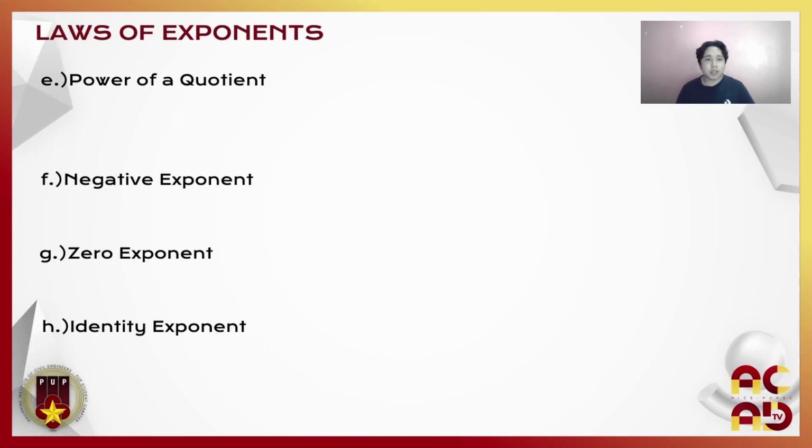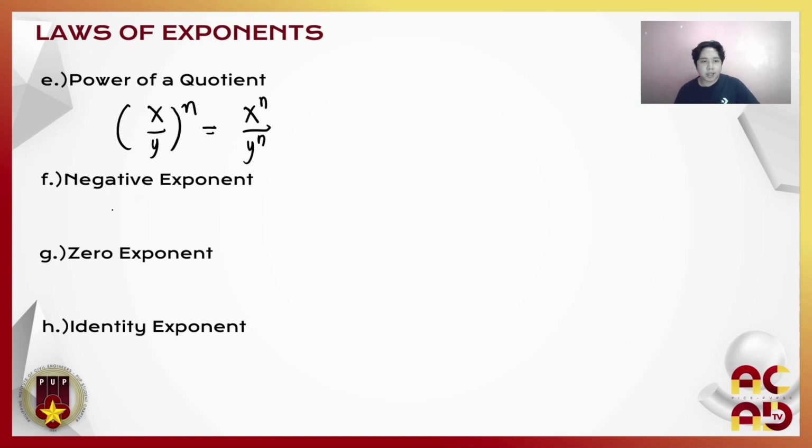So the next law is the power of a quotient. Let's say x over y quantity raised to n. This will be x raised to n over y raised to n. The next law is the negative exponent.